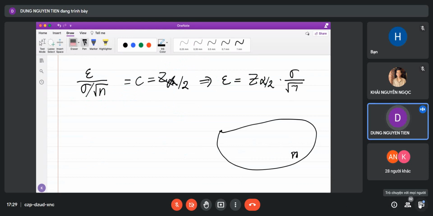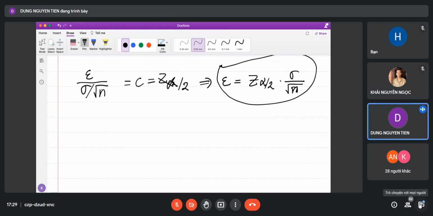That is for two-sided confidence intervals, where m is between x bar minus epsilon and x bar plus epsilon.